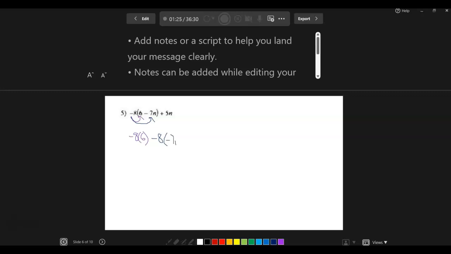Doesn't really matter if you look at that as a minus sign, or if you want to put a plus sign and say plus negative 8 times negative 7n. Just make sure you bring down your plus 5n over here. You don't want to leave him off. That will totally mess up your answer.